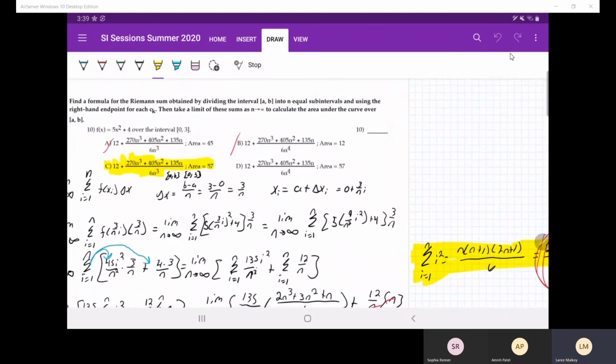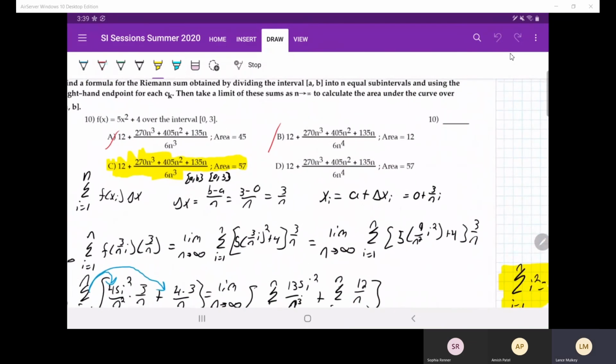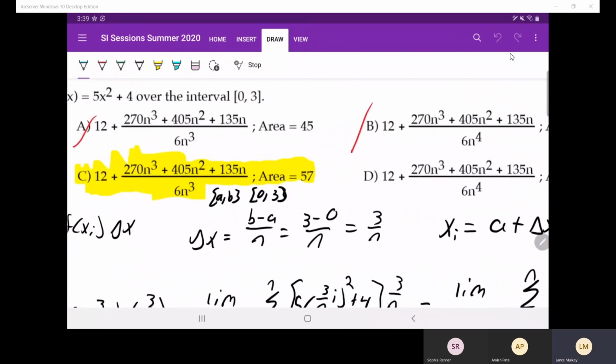You see how these two answers are the same on the left and the area is different, and these two answers are the same on the right and the area is different. I can say that odds are the powers over here on the top and bottom have to be the same most of the time.